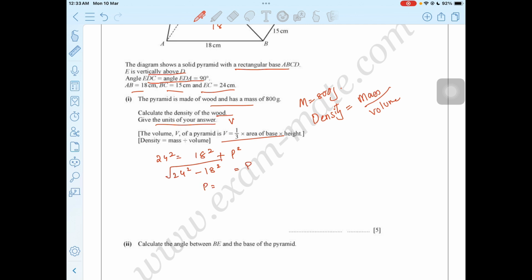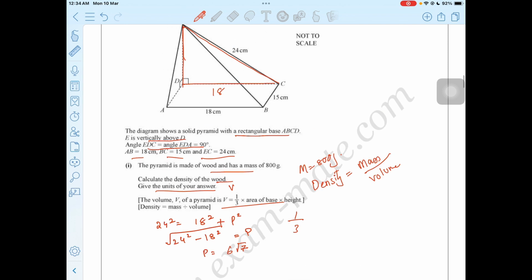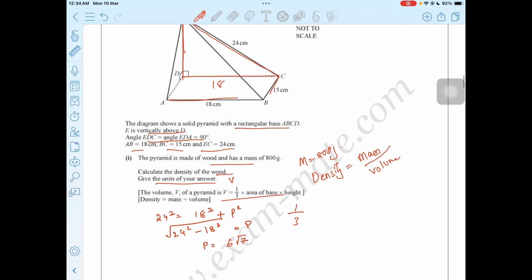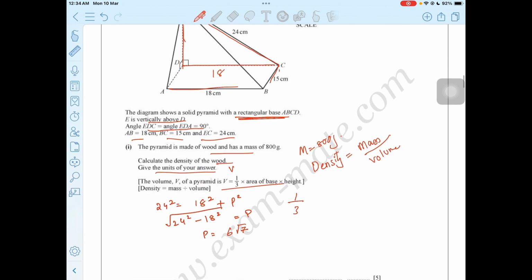So our height would be 24 squared minus 18 squared. This would be, let's just take it as 6 root 7, right? So we have our height as 6 root 7. We can plug it in. We have 1/3. Our base area would be 18 into 15, right? Because it is a rectangular base and we have our lengths as 18 and 15.